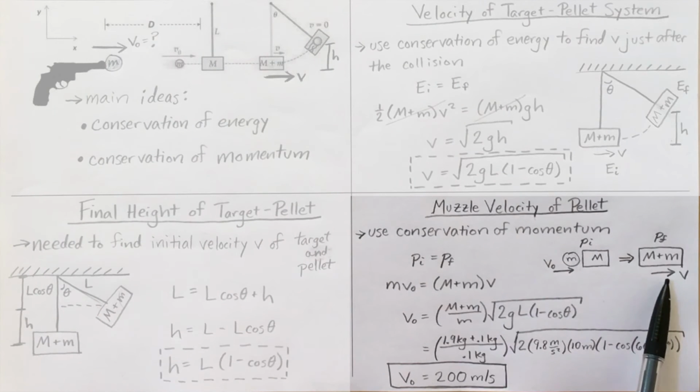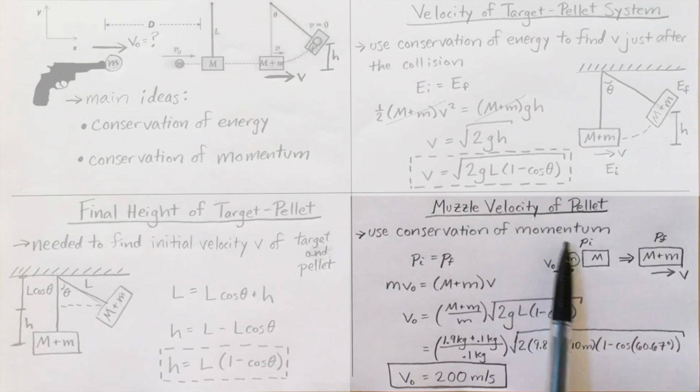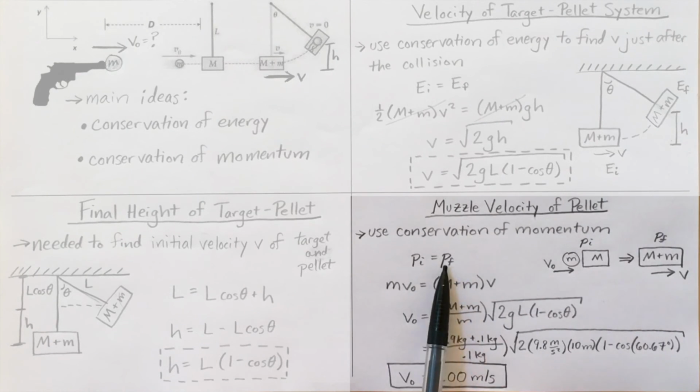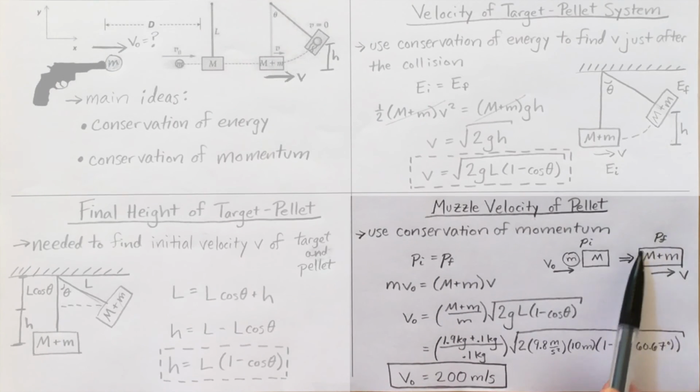Now that we know the velocity of the block and pellet after the collision, we can use conservation of momentum to find the muzzle velocity of the pellet. We let the initial state of the system be right before the collision. The momentum of the system in this state is then just equal to the momentum of the pellet because the block is initially stationary. So we write this in equation form as the mass of the pellet times the velocity of the pellet. We let the final state of the system be just after the collision.